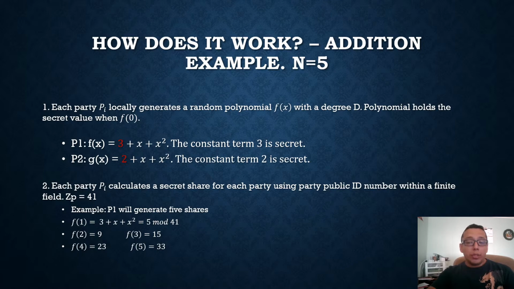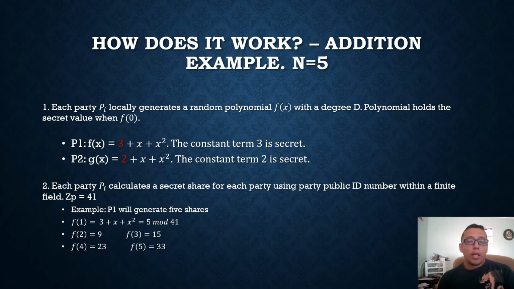Then each party calculates a secret share for the other parties using their public ID number within a finite field. We're going to say the finite field is 41, and the party's ID numbers are the X values.